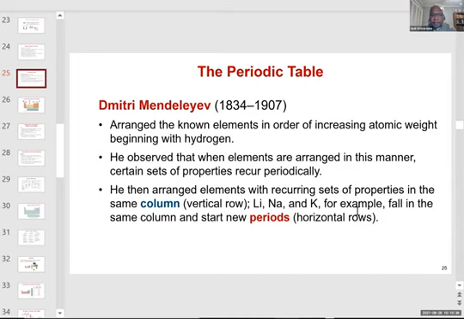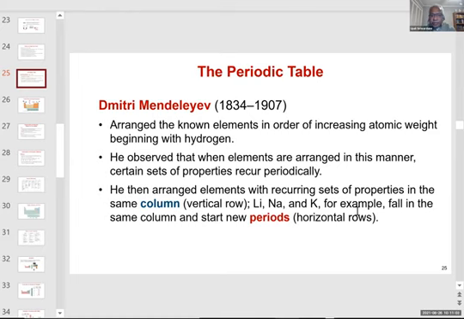He then arranged elements with a recurring set of properties in the same column. So the columns in the periodic table have elements with the same chemical properties. For example, lithium, sodium, potassium fall in the same column.